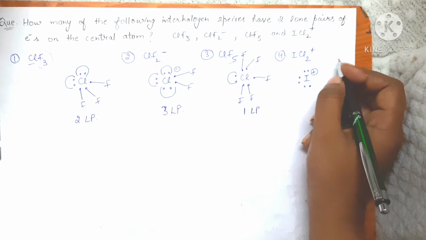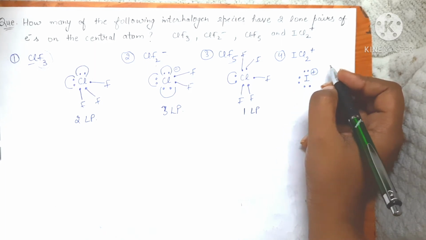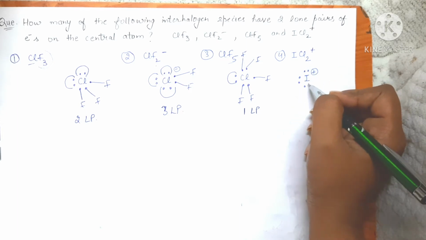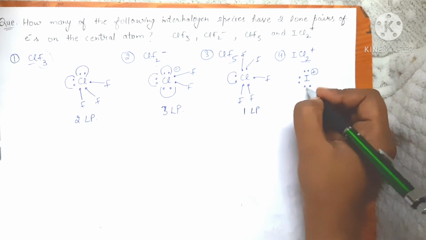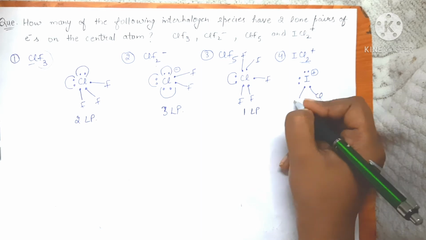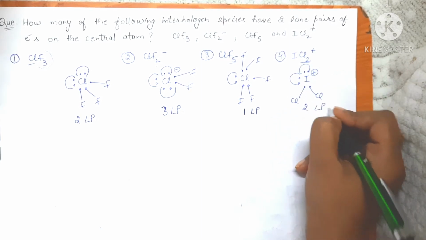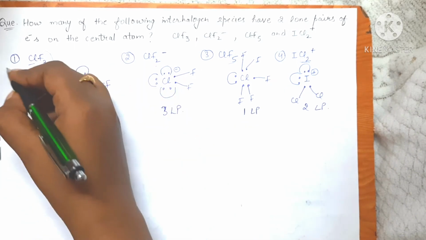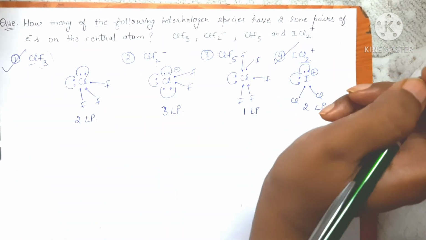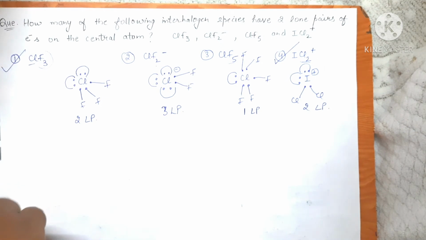Now this iodine is attached with 2 chlorines. Chlorine is also univalent, so here also we are having 2 lone pairs. So there are 2 molecules in which we are having 2 lone pairs. So the option having 2 will be the correct option, right?